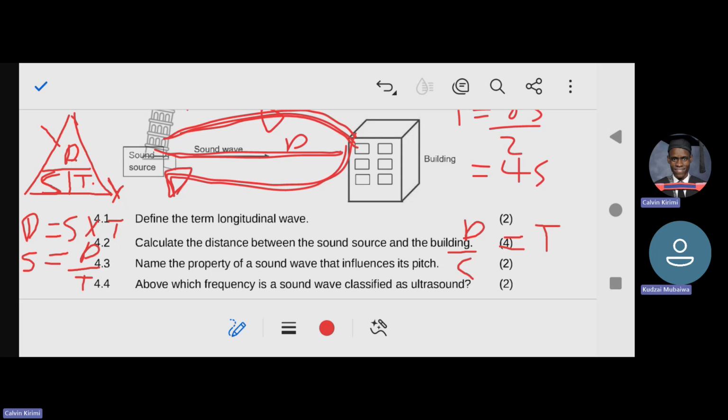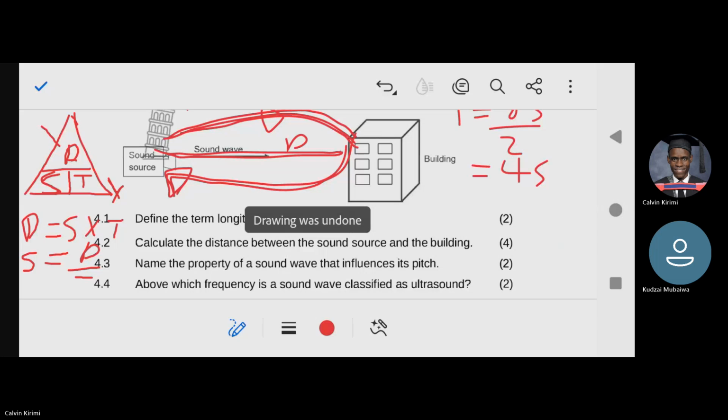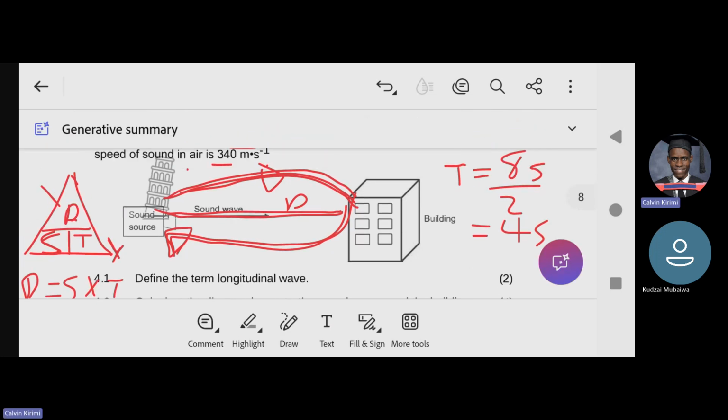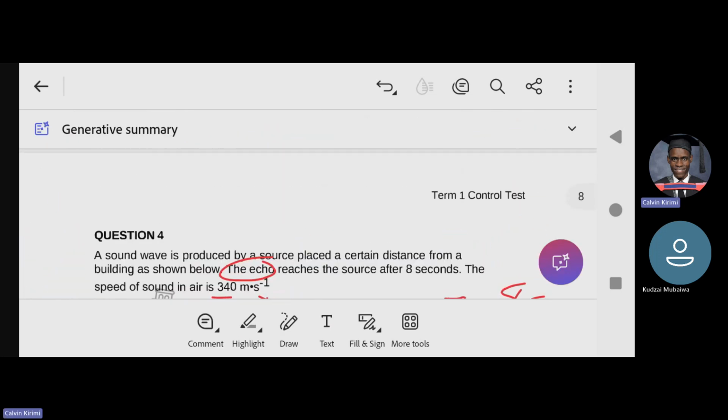So here we are calculating the distance, which means the distance is speed times what? Times time. Speed times time. What is our speed? Our speed is the speed of sound. The speed of sound in air is 340 meters per second.